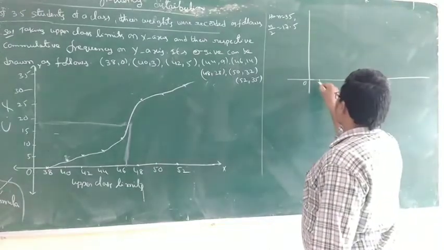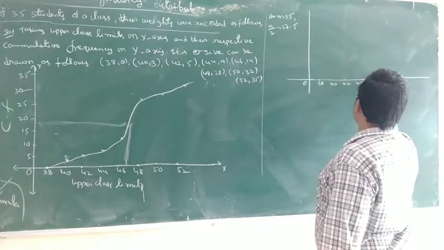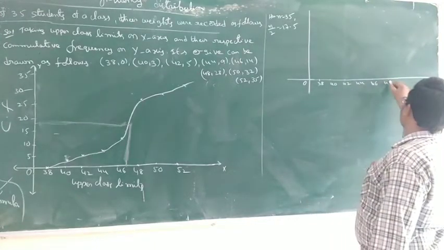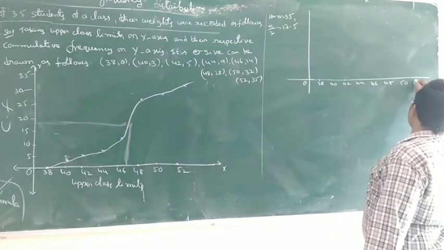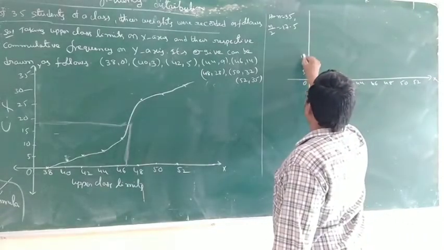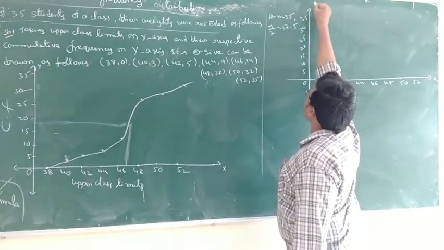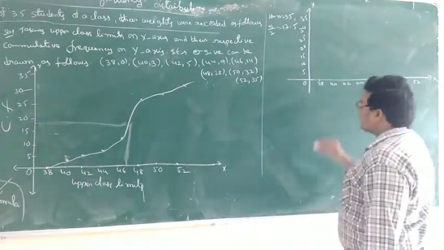So 0, this is 38, 40, 42, 44, 46, 48, 50, 52. This is the x-axis. This is 5, 10, 15, 20, 25, 30, 35. This is the y-axis.